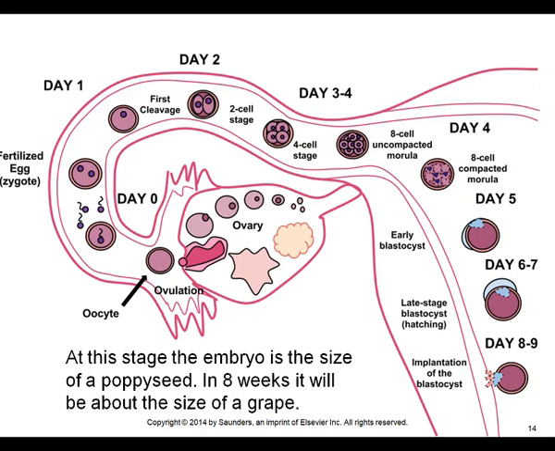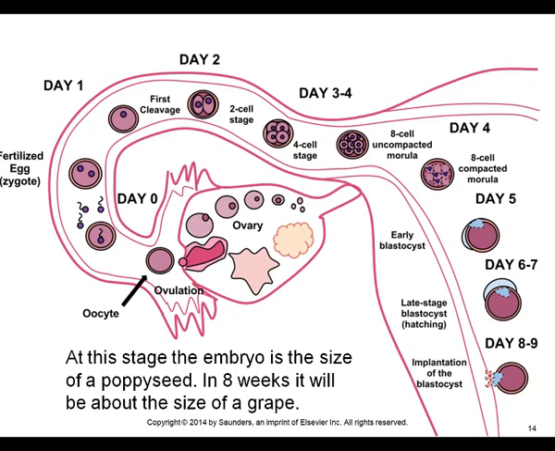So that little pink dot is released into the fallopian tube. I'm sorry, it's the big purple circle. The big purple circle is released into the fallopian tube. It's now called the oocyte in this picture. That process is called ovulation, when that egg is released into the fallopian tube.